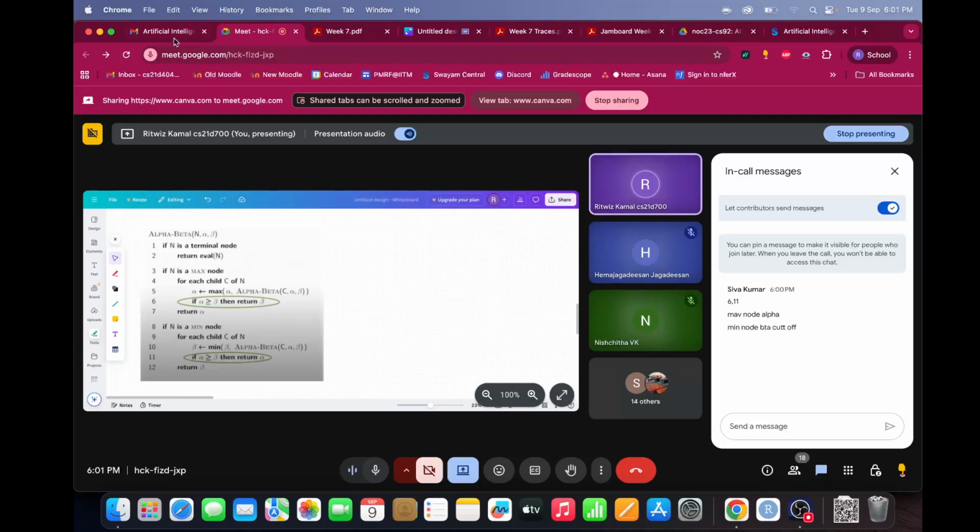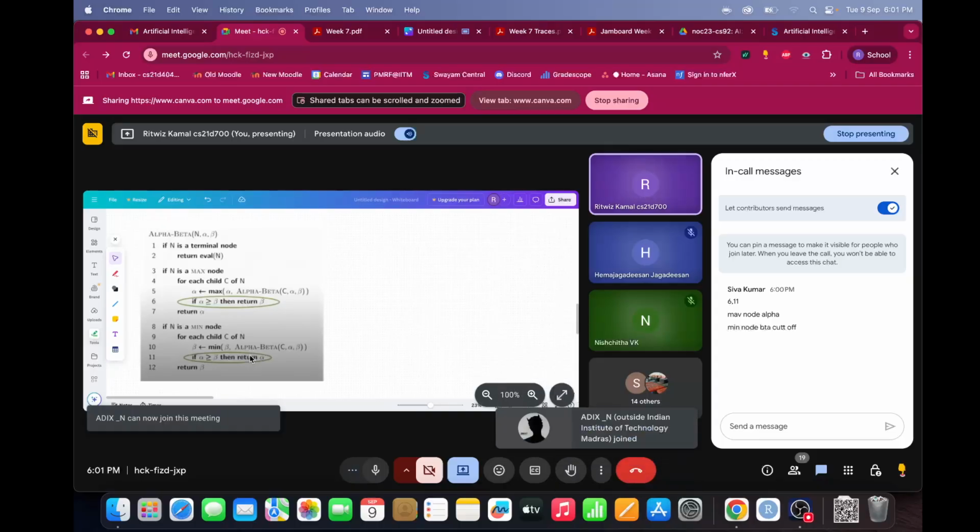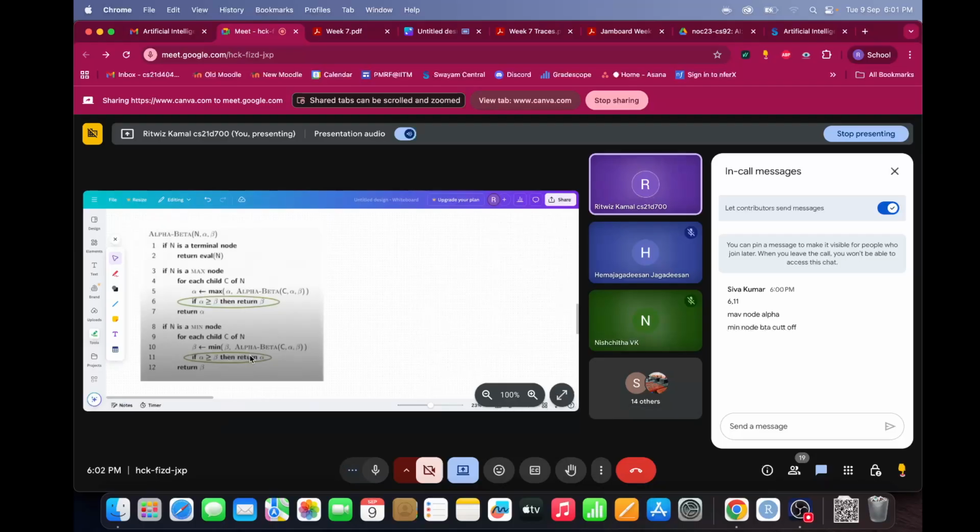In this figure I've pointed out the two lines which have the alpha cutoff and the beta cutoff respectively. There's a usual confusion that students have: the condition for either of the cutoffs is the same, alpha has to be greater than or equal to beta, but whether it is a beta cutoff or an alpha cutoff depends on what kind of node we are inspecting.